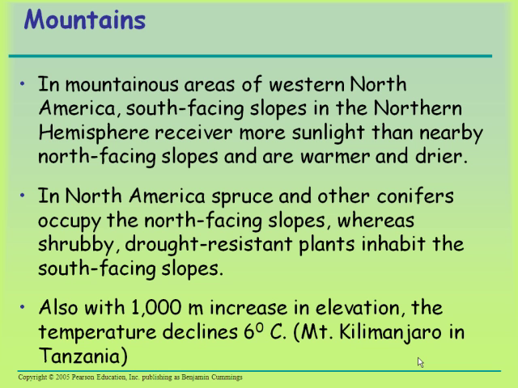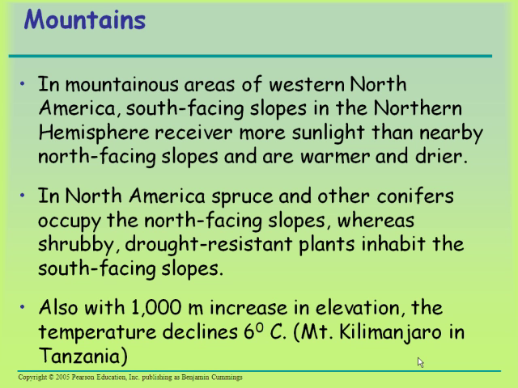In mountainous areas of western North America, south-facing slopes in the northern hemisphere receive more sunlight than nearby north-facing slopes. So they are warmer and drier, so different plants and animals live there. In North America, spruce and other conifers occupy the north-facing slopes because they are more alpine-type plants, whereas shrubby, drought-resistant plants inhabit the south-facing slopes, more Mediterranean-type plants.